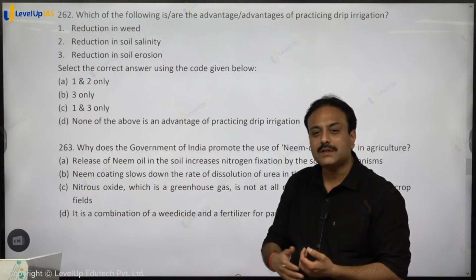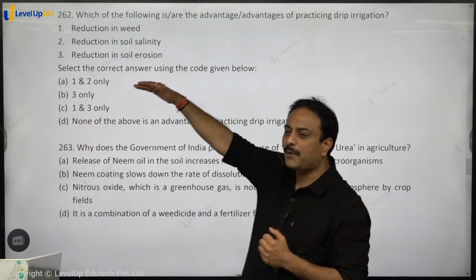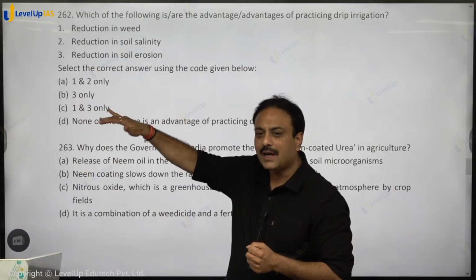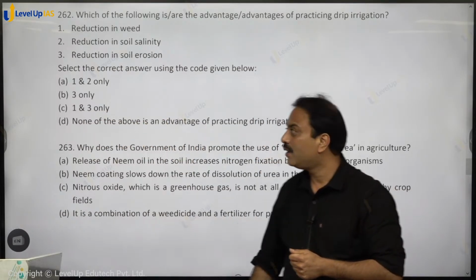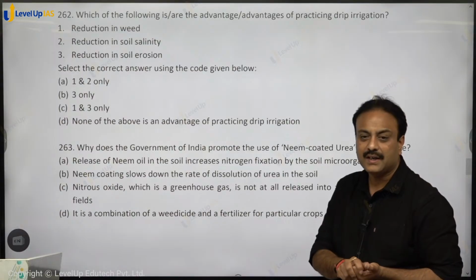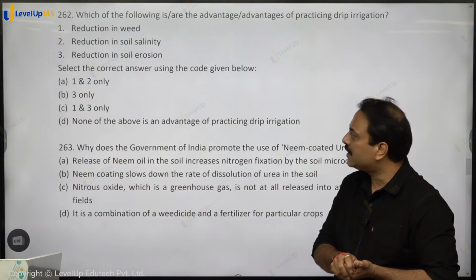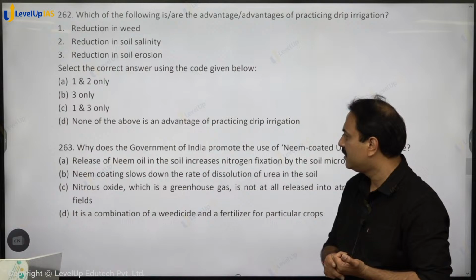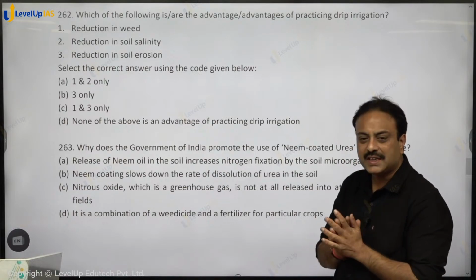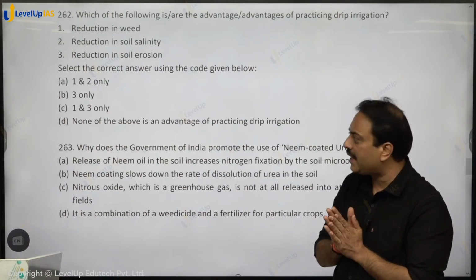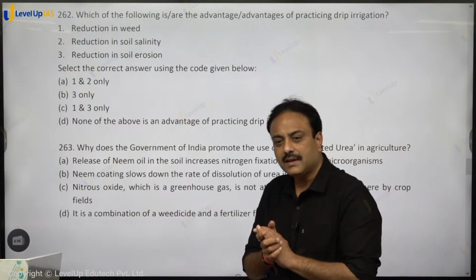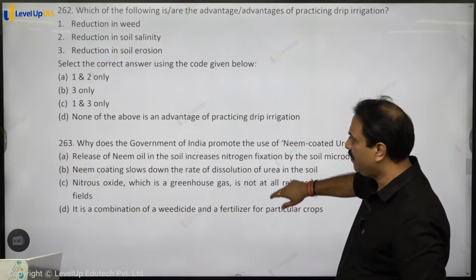Now the debate was on this, whether 1 and 2 should be more correct or 1 and 3 should be more correct, and finally UPSC accepted as 1 and 3. It accepted for erosion and weed. So 1 and 3 option C, C for cat is considered as the correct answer by the commission, and we will consider that only.